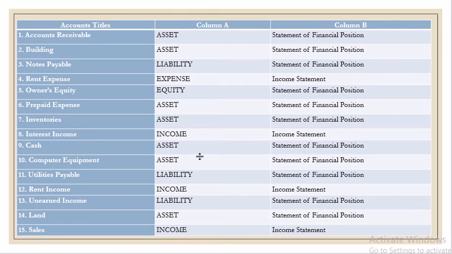Kasi pag gagawa na tayo ng journal, or gagawa na tayo ng income statement, gagawa na tayo ng statement of financial position, so dapat alam natin kung ano yung mga accounts na ilalagay natin doon para magiging balance. Okay. Kung matatandaan natin, yung accounting equation ay dapat balance yung assets, liabilities, plus owner's equity.